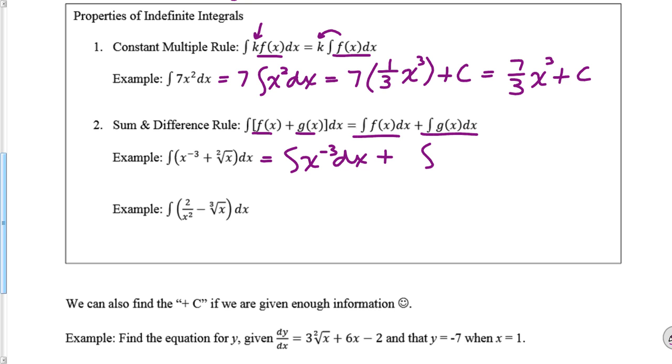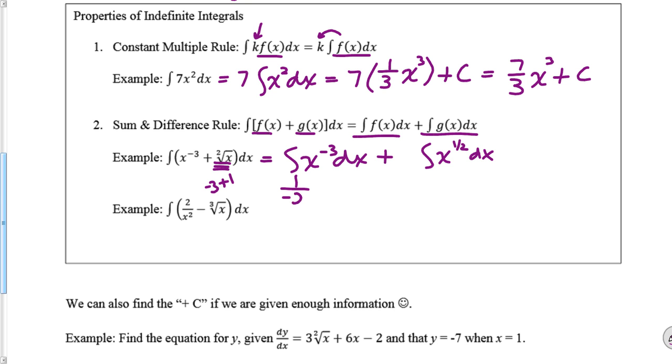And I'm going to rewrite calculus friendly while I'm at it, and this in calculus friendly form is x raised to the 1/2. And at this point, I can find the antiderivative of each term. And again, be sure you're adding 1. So in this first term, it's going to be 1 over negative 3 plus 1.